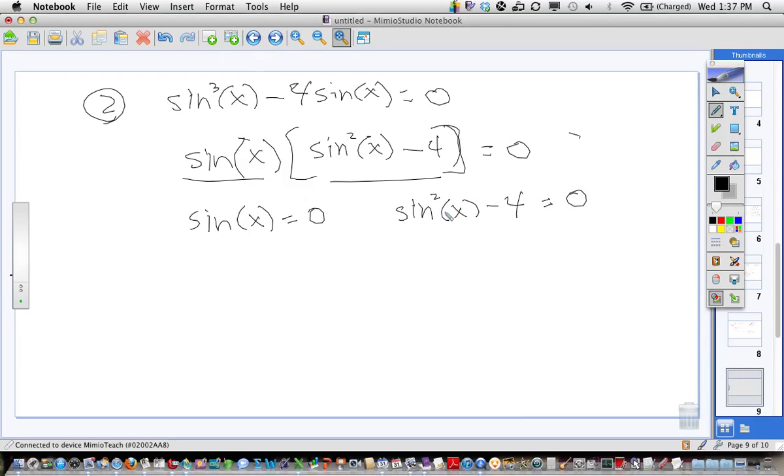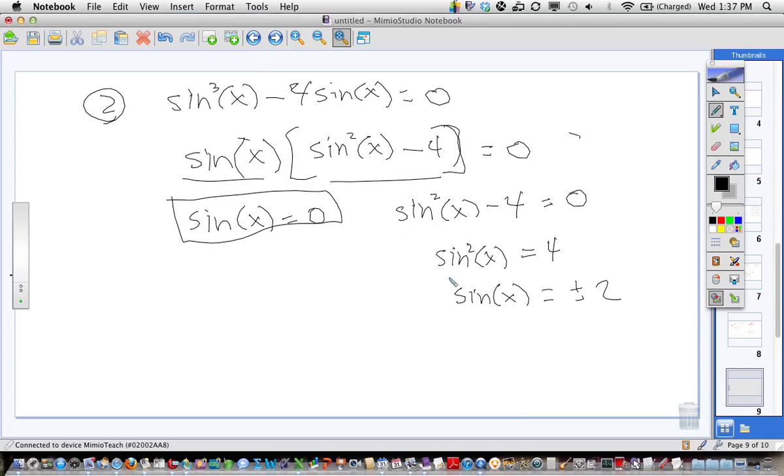Now what could we do with sine squared x minus 4? We could either factor it or add the 4. Let's add the 4. It doesn't really matter which one we do. Square root both sides, as long as we remember that it's plus and minus. So now I've got sine x is either equal to 0 or sine x is equal to plus or minus 2.